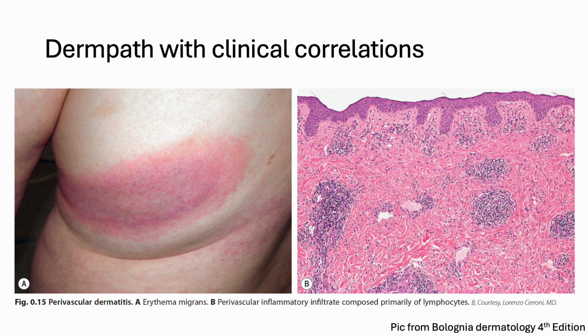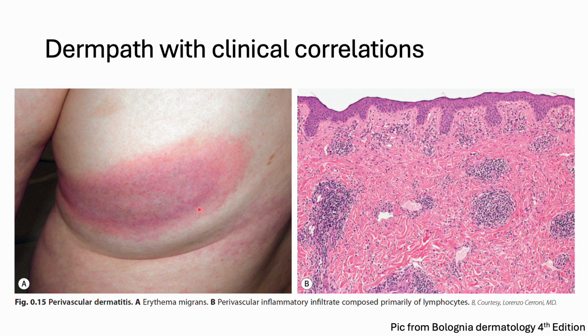But I hope after today's lecture, you will have some general idea how we may make the diagnosis of inflammatory dermatosis. You can look at the picture on the left. This is an example of perivascular dermatitis. The disease is called erythema migrans, and you can see the skin looks very red or erythematous, and also it looks edematous as well.